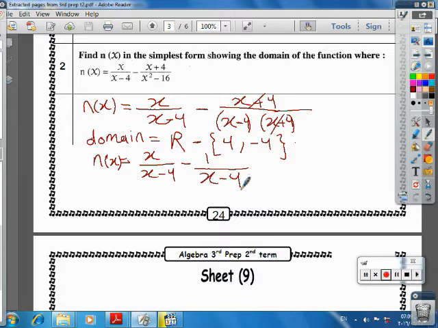Now we subtract two fractions and the denominators are similar. Then the solution is x minus 1 in the numerator and x minus 4 in the denominator, and that is the final solution to exercise 2 in page 24 in the sheet.